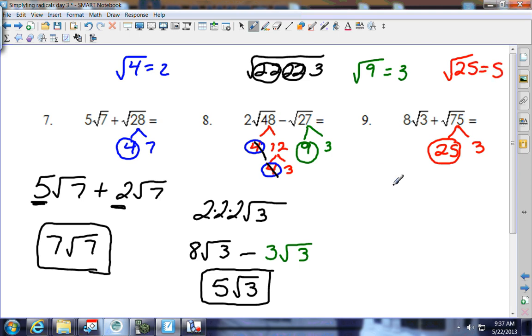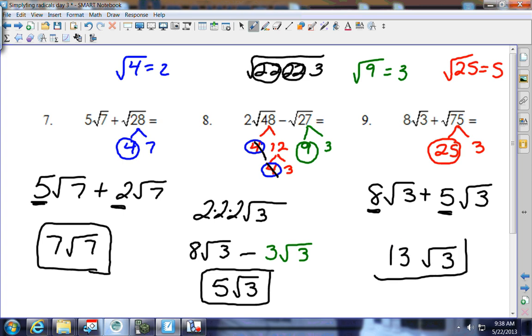So the first one stays as 8 square root of 3 plus square root of 25 is 5. The 3 still is in there, square root of 3. 8 plus 5, 13, square root of 3 is the answer to number 9.